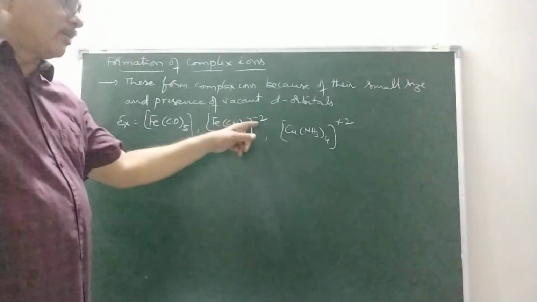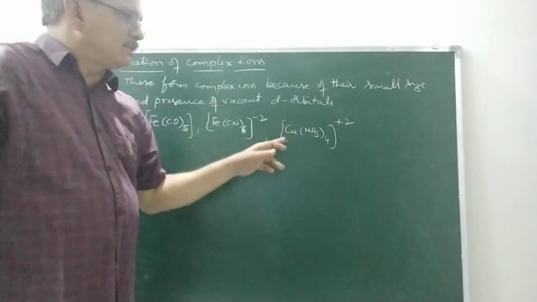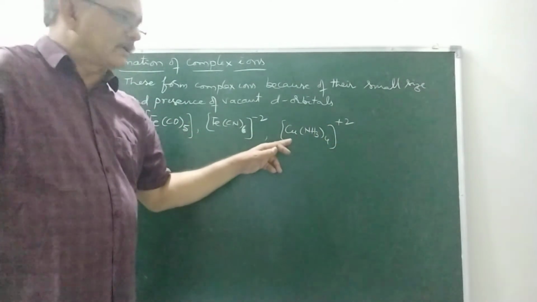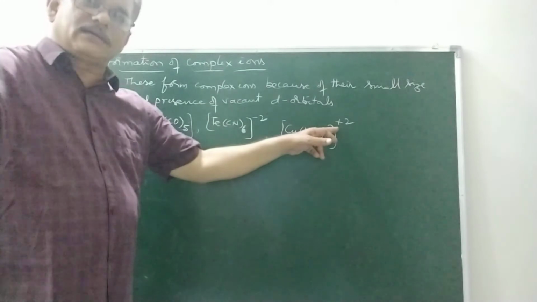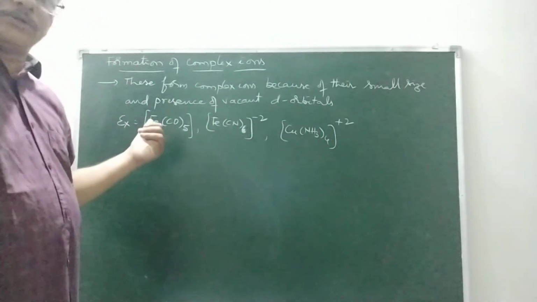This is called an anionic complex because it has negative charge. This is called a positive complex ion, okay, because it has positive charge, or cationic complex. Cationic complex, anionic complex, and a neutral complex.